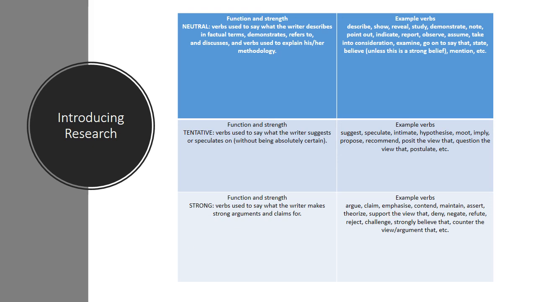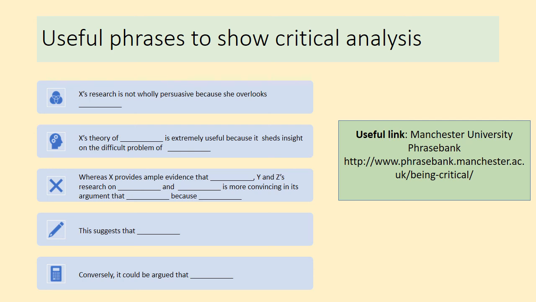So that's the first element of language we're just going to mention. And then obviously those words link into phrases. These are phrases here that show critical analysis. And I've put them up as an example, and you can see some reporting verbs in those. But a really good place to actually look for more examples and really get that feel for language that you can use will be to look here at the Manchester Phrase Bank.